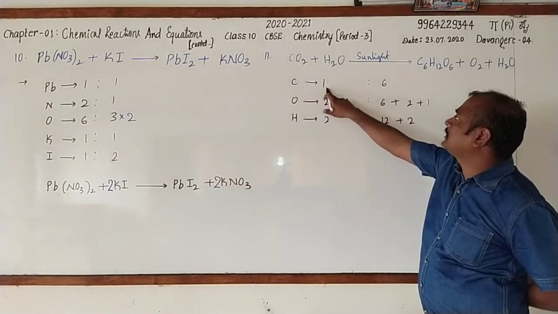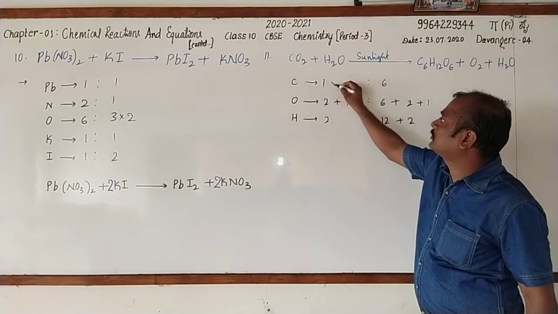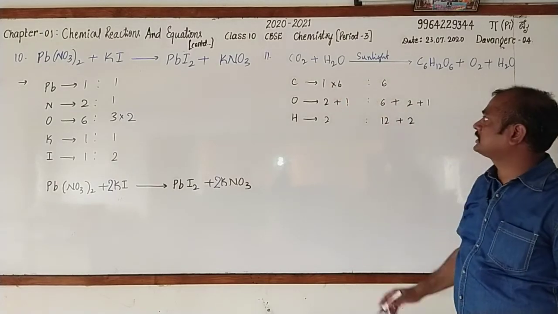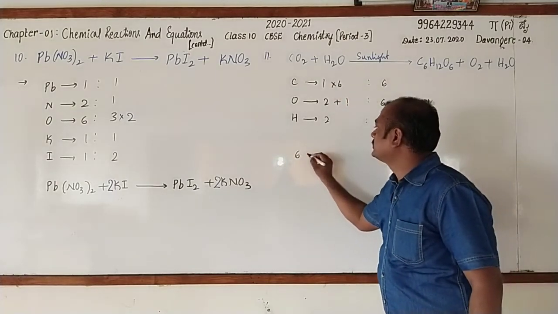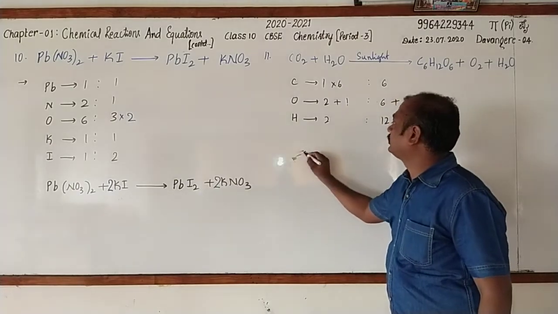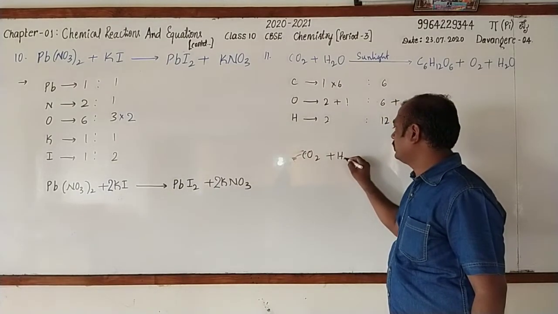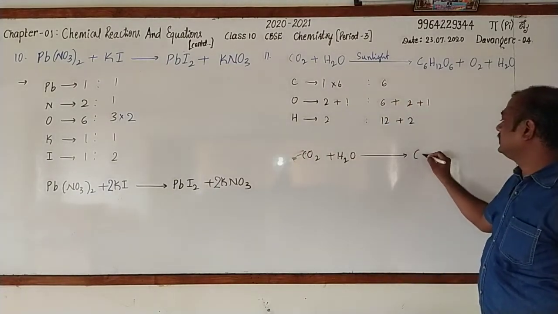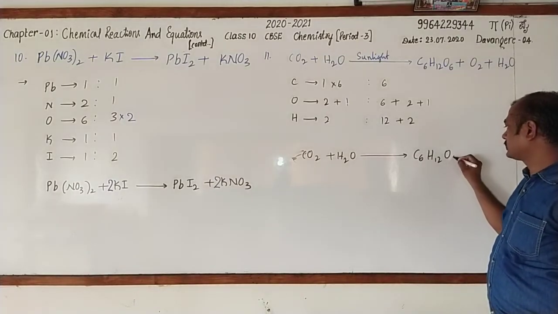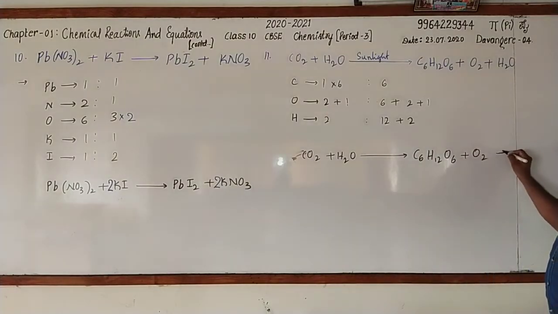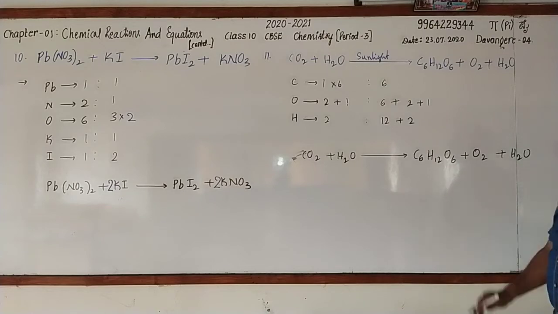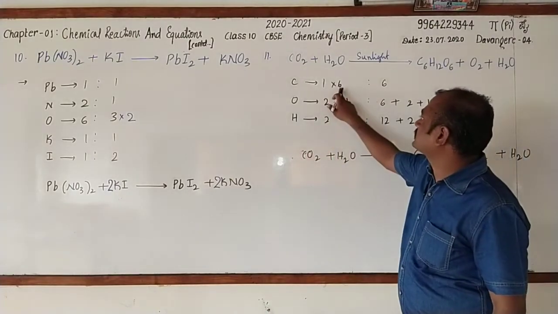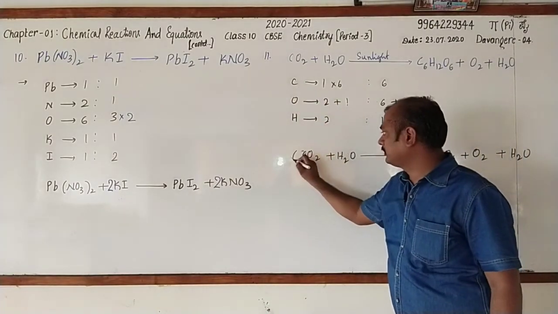Here carbon is 1, here is 6. So we have to multiply this by 6. I will write it. That is CO2 plus H2O gives rise to C6H12O6 plus O2 plus H2O. Here 6 is to be multiplied with carbon.